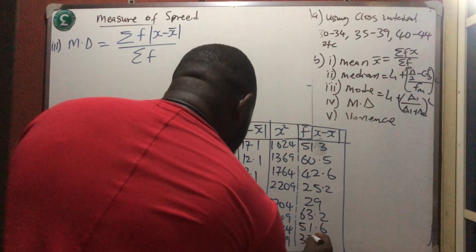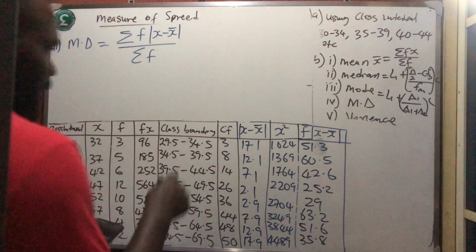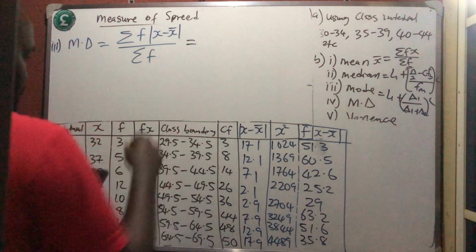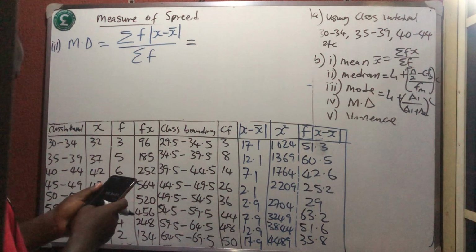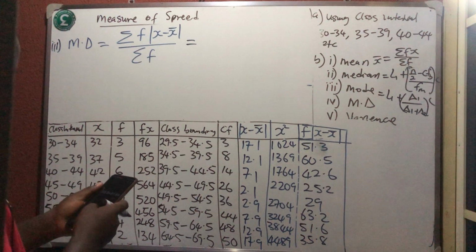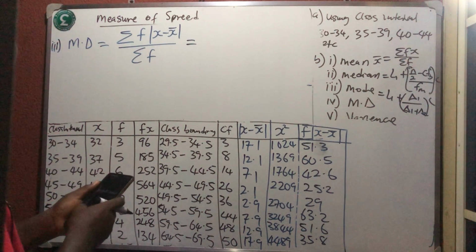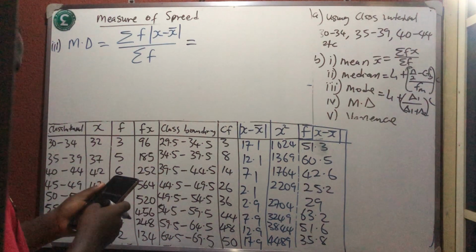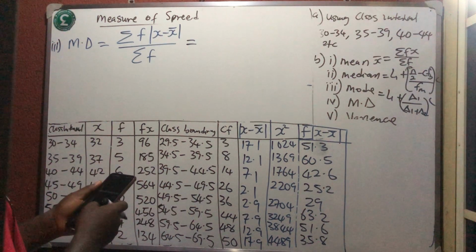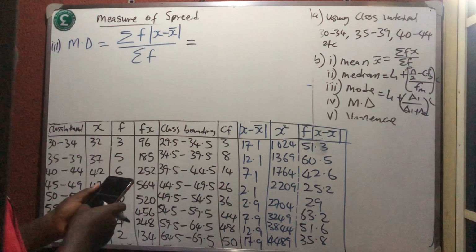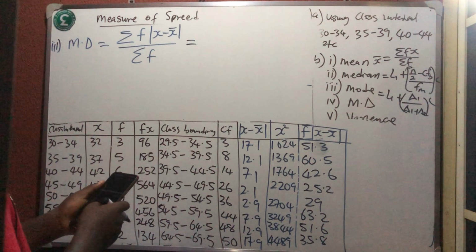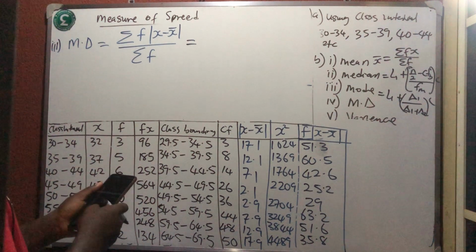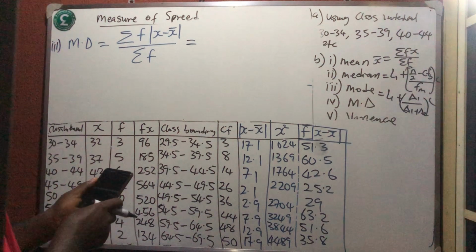So the last one is now 2 times 17.9. I'm having 35.8. So let's get their summation. So their summation will give me 35.8 plus 51.6 plus 63.2 plus 29 plus 25.2 plus 42.6 plus 60.5 plus 51.3.